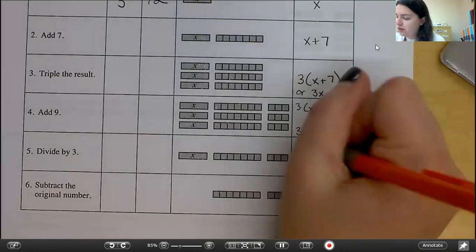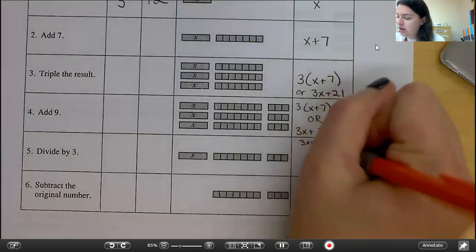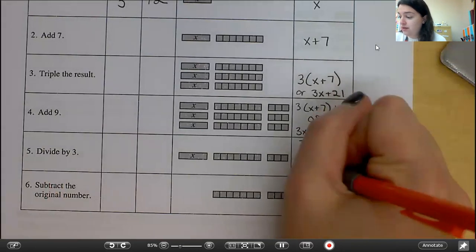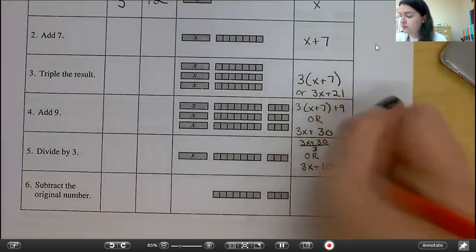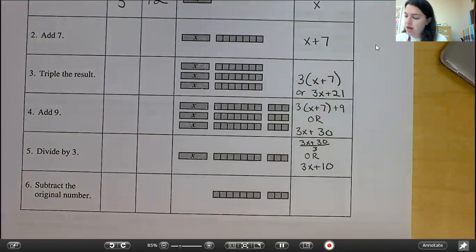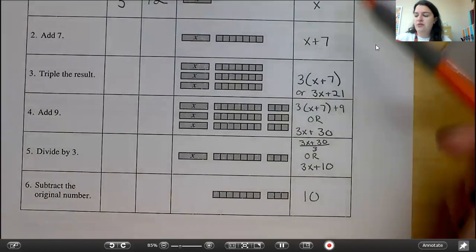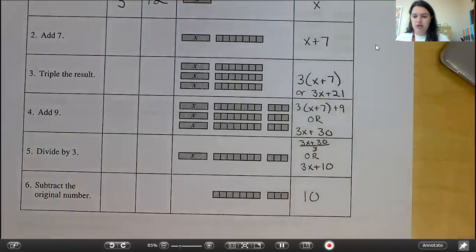So you could have 3x plus 30 divided by 3, or you could have x plus 10. And then finally, your final answer would be 10. So notice there are different ways to write these algebraic expressions. We're going to get a little more practice with those.